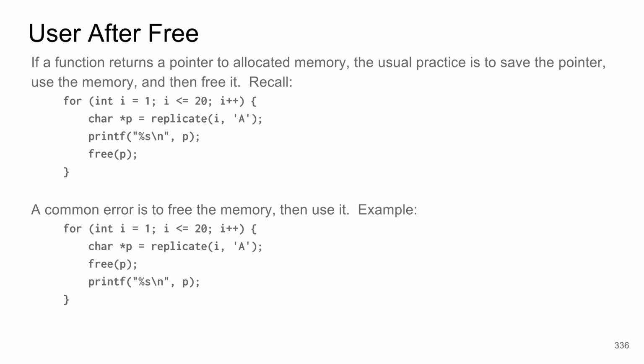Our replicate function is returning that pointer to the string it allocated. We immediately free it, and then we try and print it out. So this would be an error. Cool? This type of error is commonly called use after free.